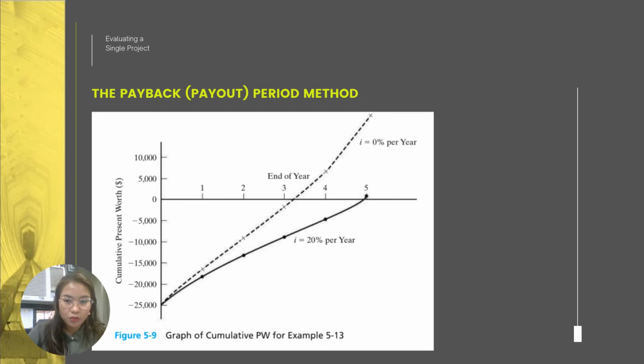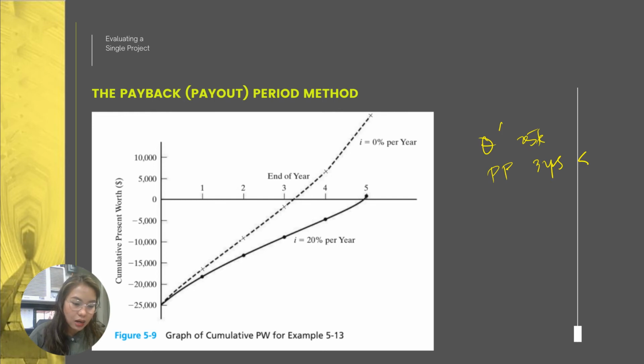From that table, theta prime is the first year in which the cumulative discounted cash inflows exceed the 25K capital investment. Payback periods of 3 years or less are often desired in US industry.